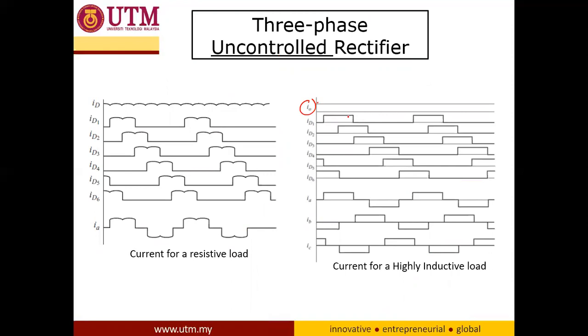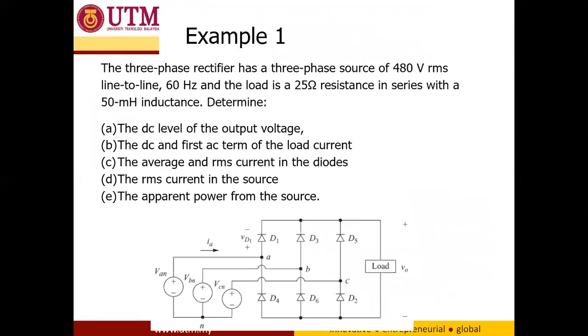This is the current for the resistive load, and this is the current output for the highly inductive load. You can see the difference, where the current is actually a DC current. That is the same concept as the single-phase rectifier. We have some examples for you to do as exercises.